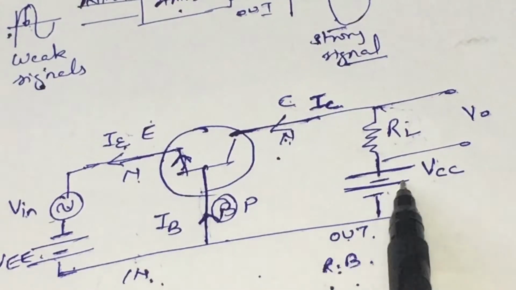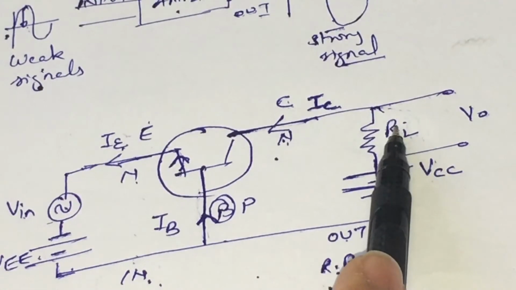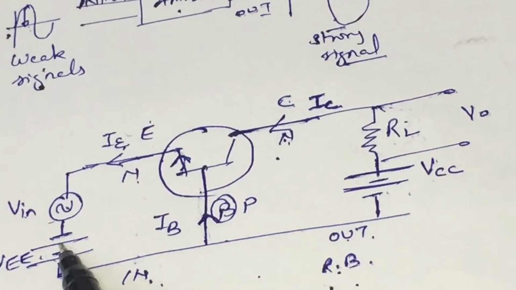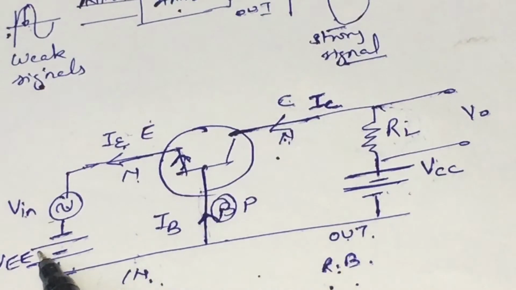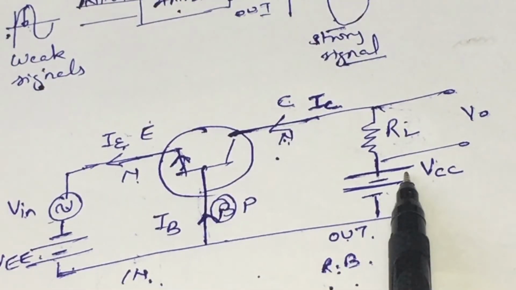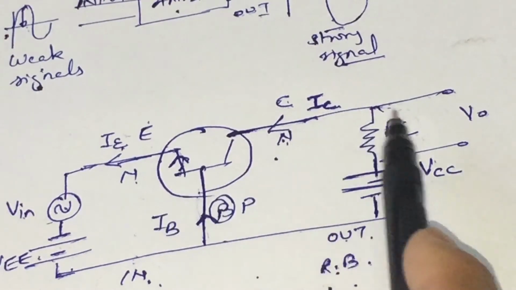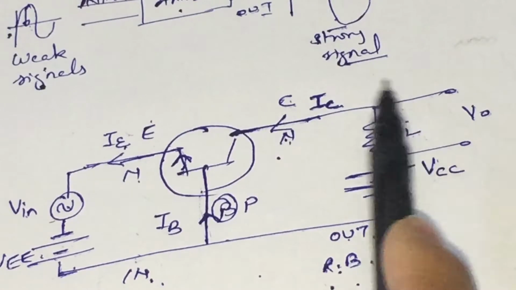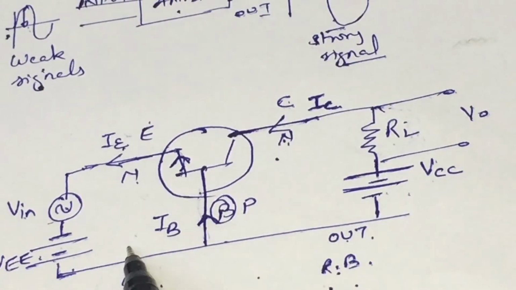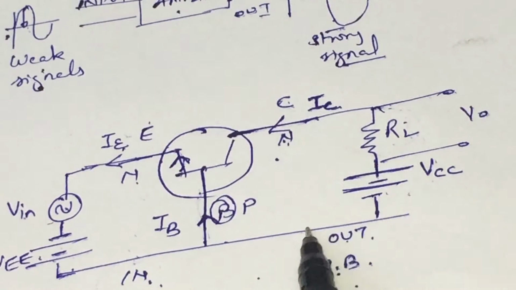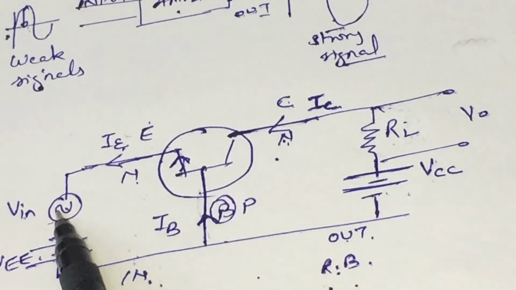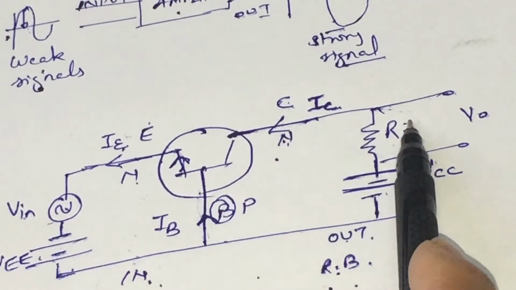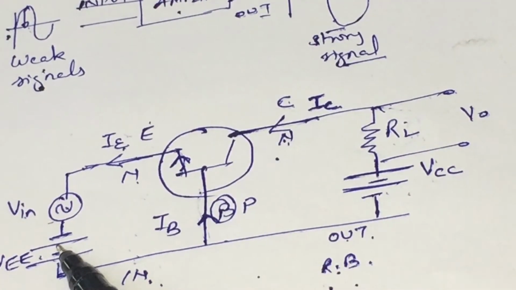These two DC sources are independent of the input and output signals. The reverse biasing and forward biasing are independent of the polarities of these two signals. It means the emitter base junction always remains forward biased and the collector base junction always remains reverse biased, and they do not depend on the input signal and the output signal for their biasing.